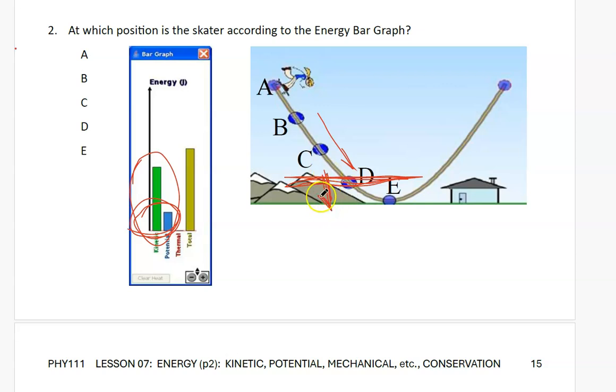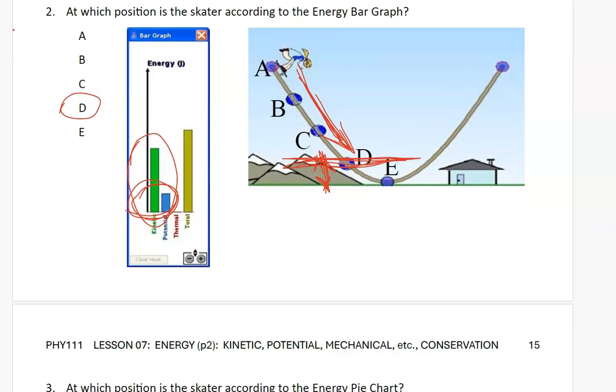They're still above ground level, so they have some gravitational potential energy, but they have a lot of kinetic energy because they've come down this ramp, and now they're moving very, very quickly. So the answer here is D.